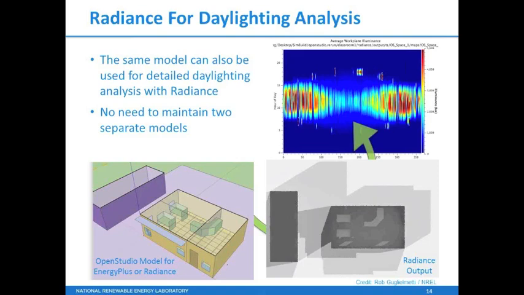So to that end, we've added objects into OpenStudio that support this kind of analysis. Energy models typically don't really care about the interior of the physical geometry of the building model, partitions and the like. But a daylighting model obviously cares a great deal about that kind of stuff. So we've added objects to the OpenStudio model to support Radiance simulation, such as air walls.